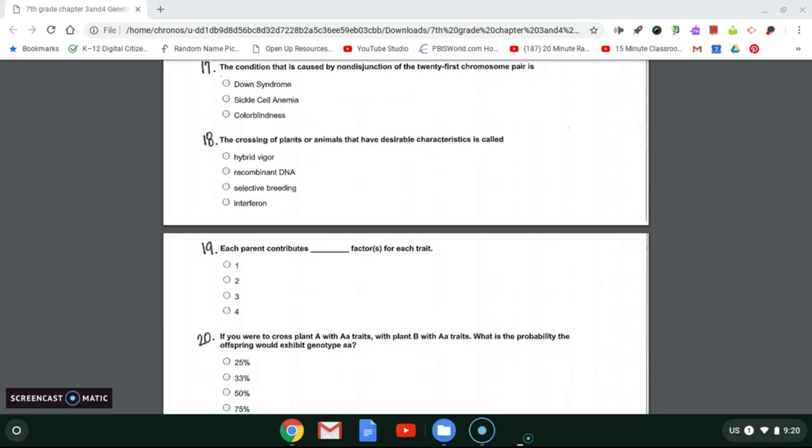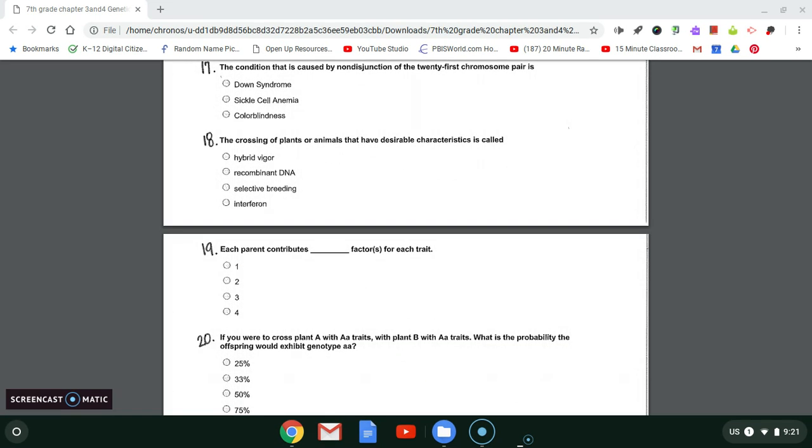The condition that is caused by non-disjunction of the 21st chromosome pair is Down syndrome, sickle cell anemia, or color blindness. Number 18. The crossing of plants or animals that have desirable characteristics is called hybrid vigor, recombinant DNA, selective breeding, or interferon.